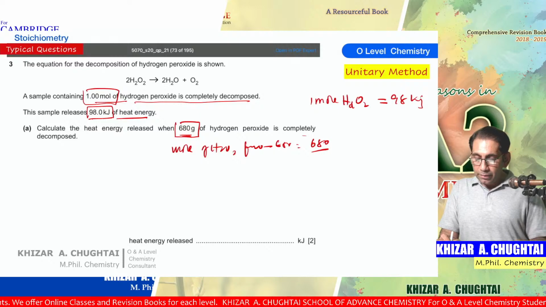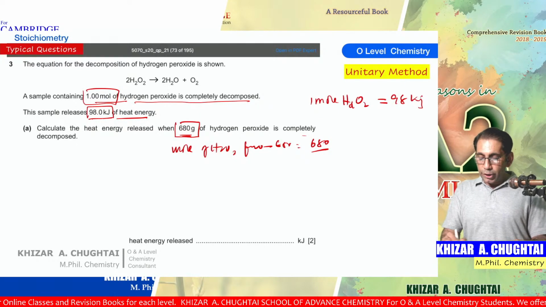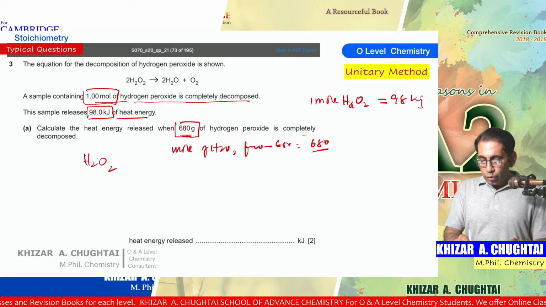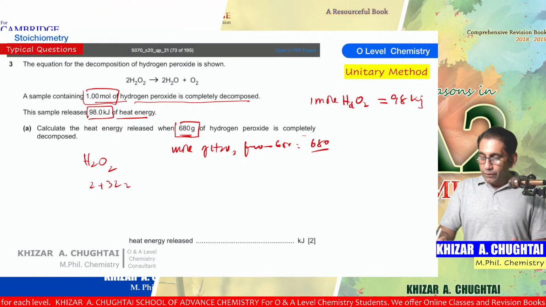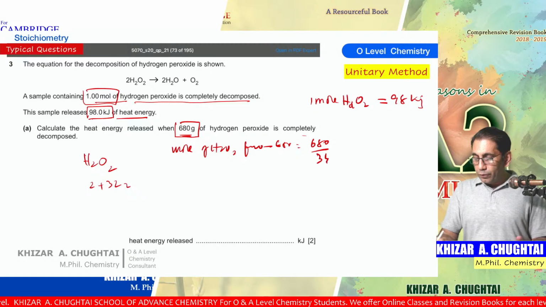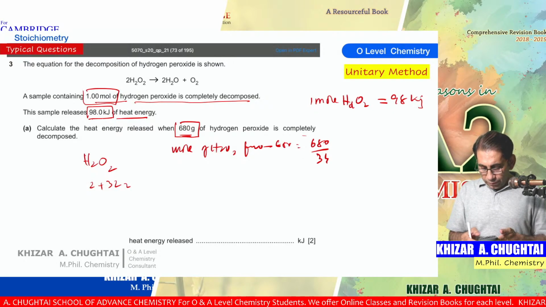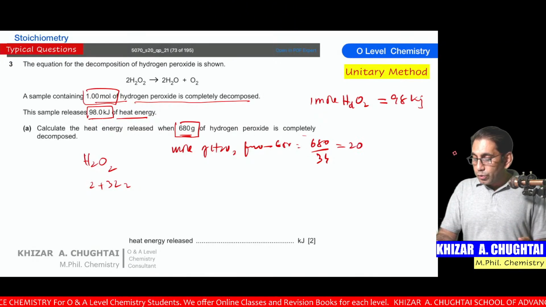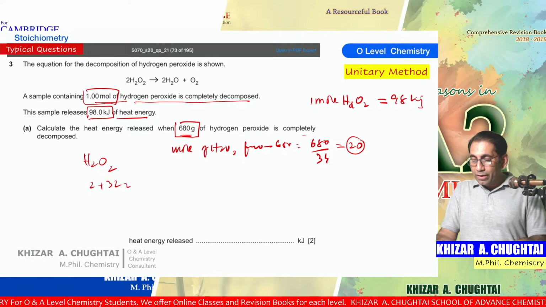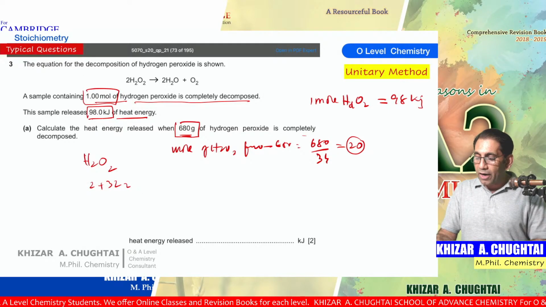H2O2: 2 plus 32, 34. So 680 over 34. 680 divided by 34, and the answer is equal to 20. So at the moment, we are using 20 moles of H2O2.